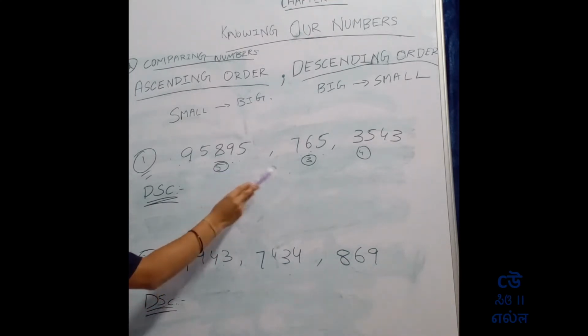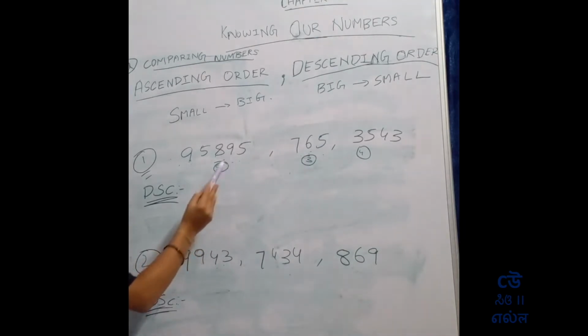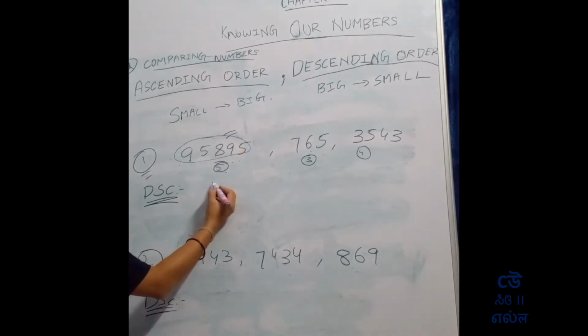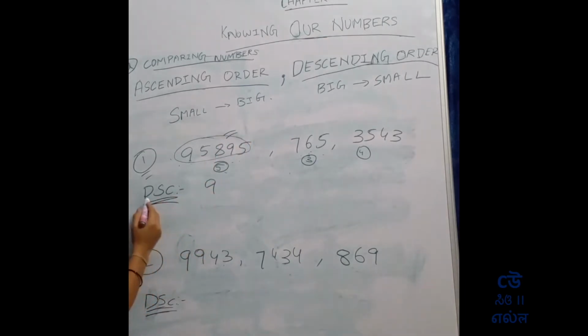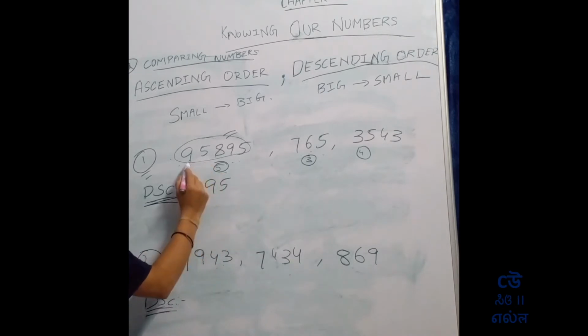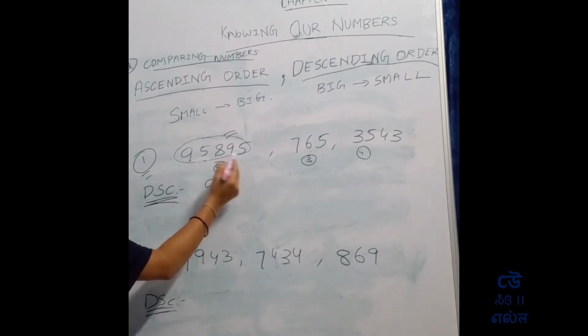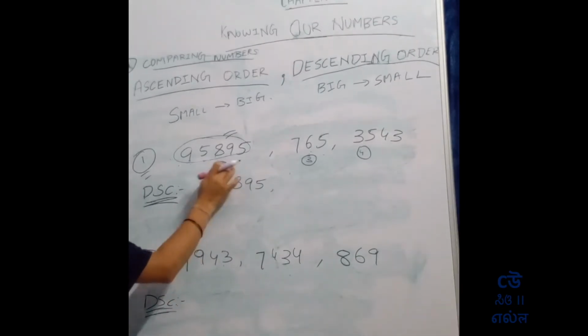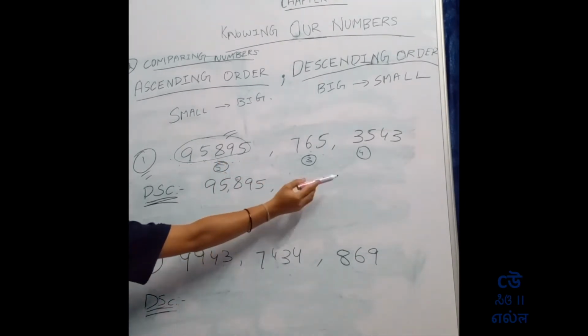Which is the biggest among 5, 3, 4? 5 is the biggest, so write this number first. We are taking descending order, that is from greatest to smallest, so we write the biggest number first, that is 95,895. This is done. Now compare the other two.